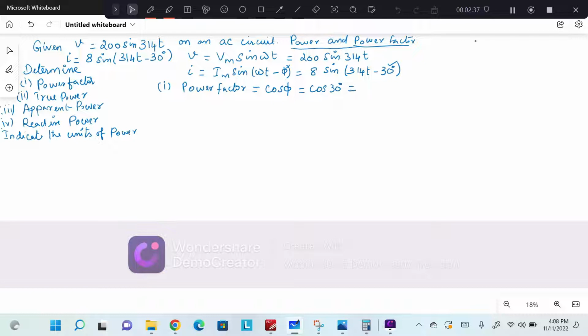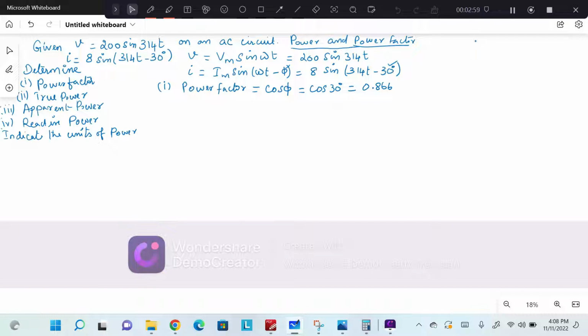If you find cos 30 in the calculator, that will be 0.866. So that is the value of the power factor. Power factor doesn't have any unit, so power factor is 0.866.